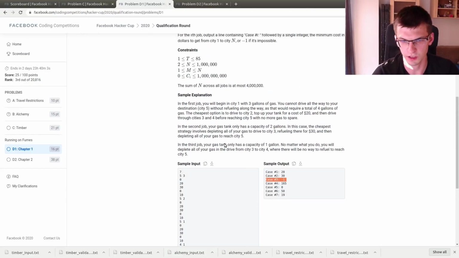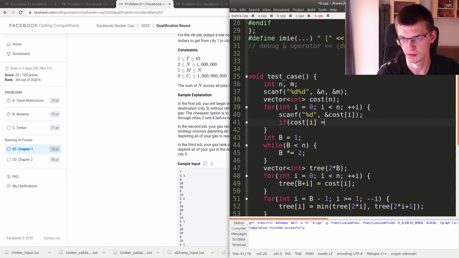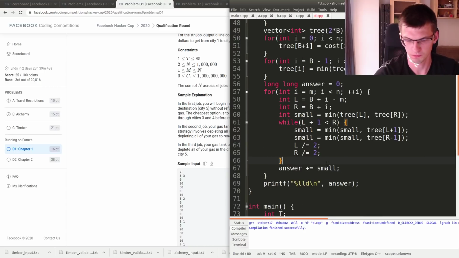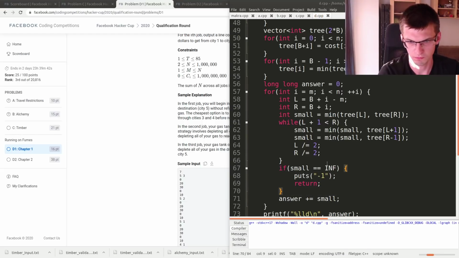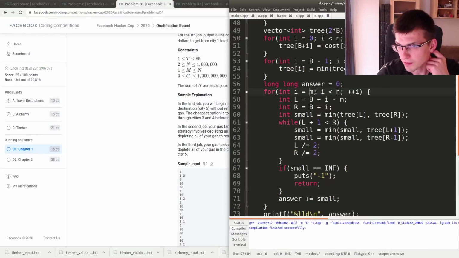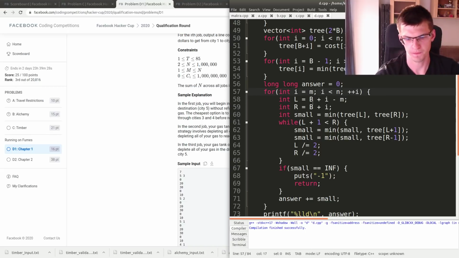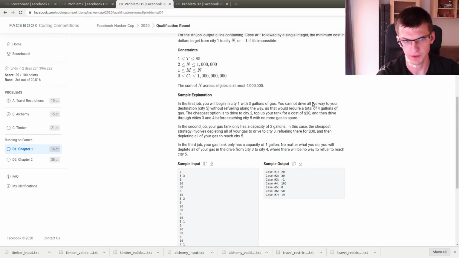Oh, zero is not allowed. That's a bit too big. A bit too small.